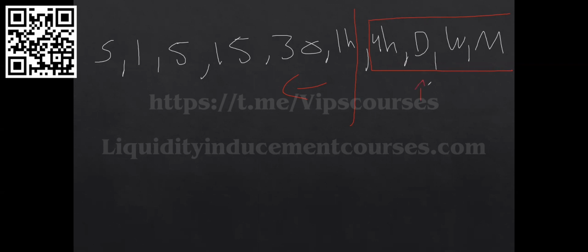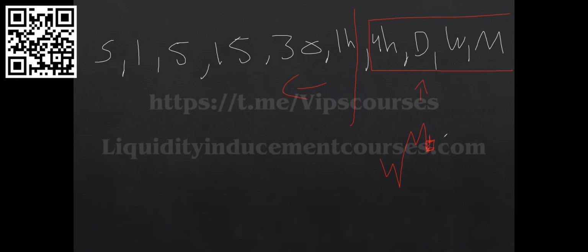We have to check the daily candle close every day. Once the daily candle closes, we have to see how it closed. Why is that? Because remember, we use the higher time frames also as POIs. We need to see what's happening on the daily. So on the daily, not only do we care about the structure, we also care about the daily candle closures.